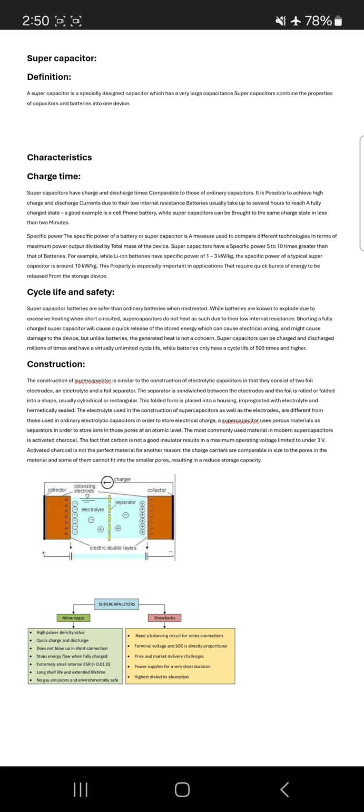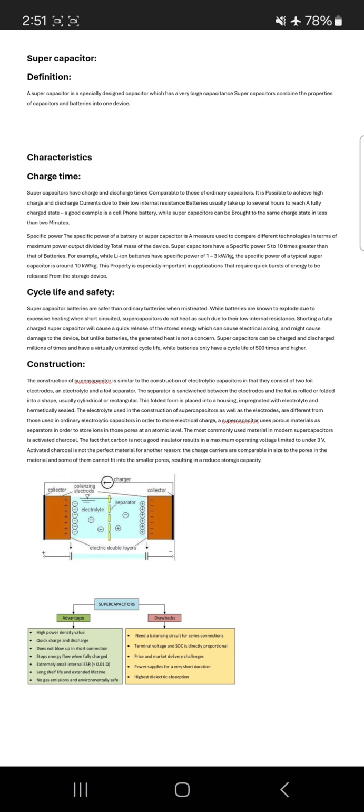Shorting a fully charged supercapacitor will cause a quick release of stored energy, which can cause electric arcing and might damage the device. But unlike batteries, the generated heat is not a concern. Supercapacitors can be charged and discharged millions of times and have virtually unlimited cycle life, while batteries only have a cycle life of 500 times and higher.